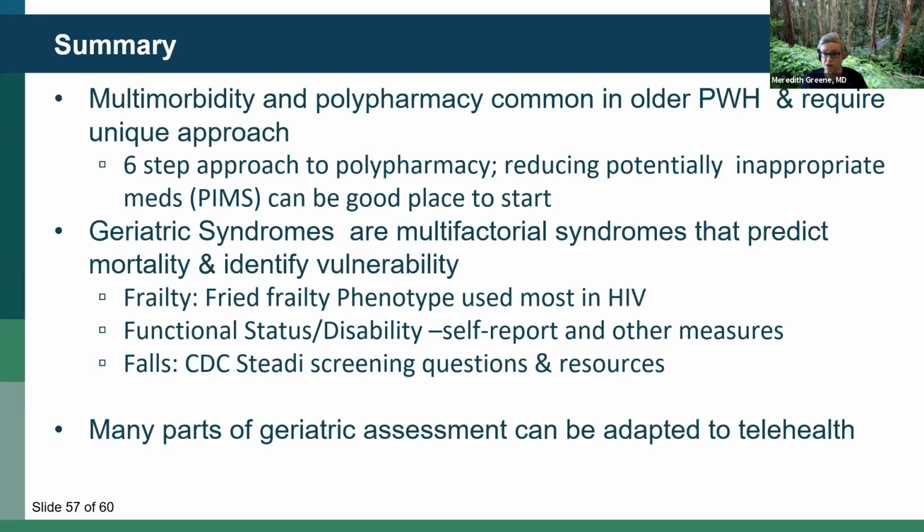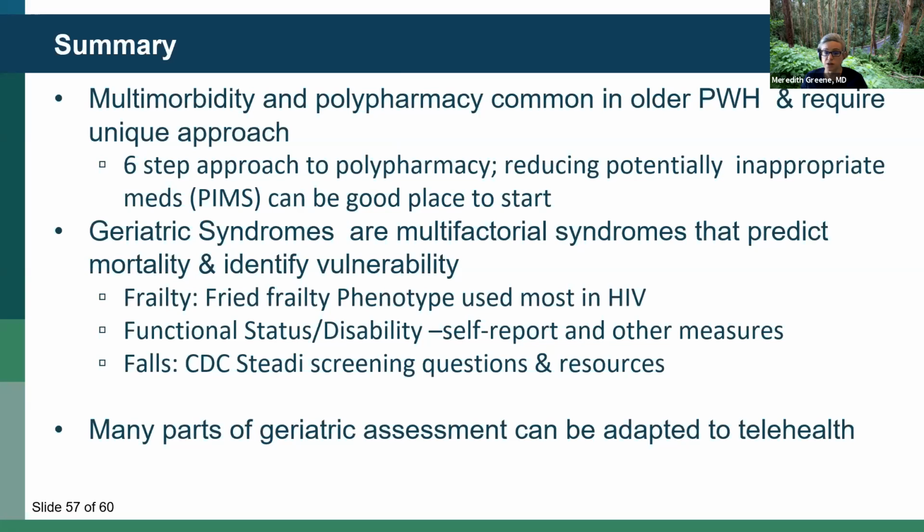This will come back in our post-test questions: reducing potentially inappropriate meds is often a really good place to start, and simple interventions like giving that brochure can have big effects on reducing those medications. We talked about geriatric syndromes, which are multifactorial, predict mortality, and identify who is at risk for poor outcomes.